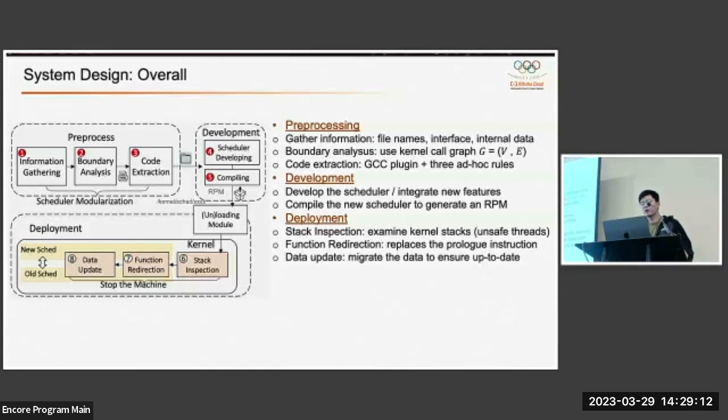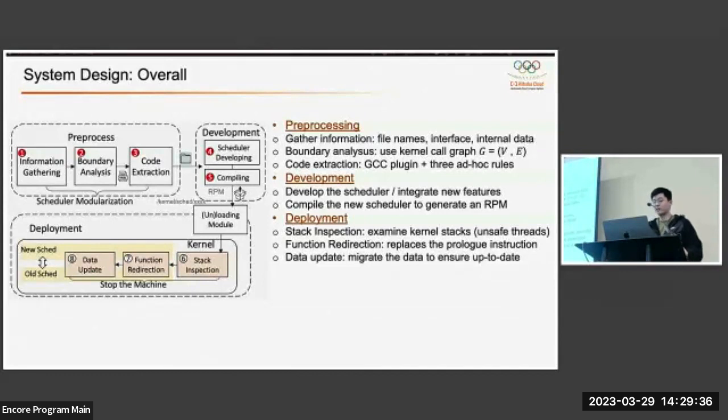In the code extraction phase, it reorganizes the scheduler relevant code to a separate directory, and the scheduler is decoupled to a new module. In the development phase, the developers can freely develop the scheduler, and then generate an RPM package.